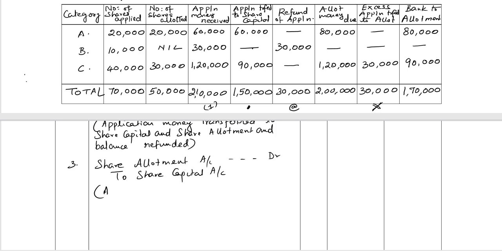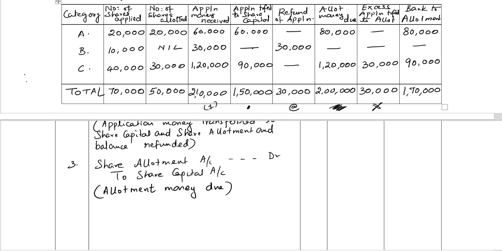For the allotment money due, this is the answer of the 7th column, 2 lakh rupees.